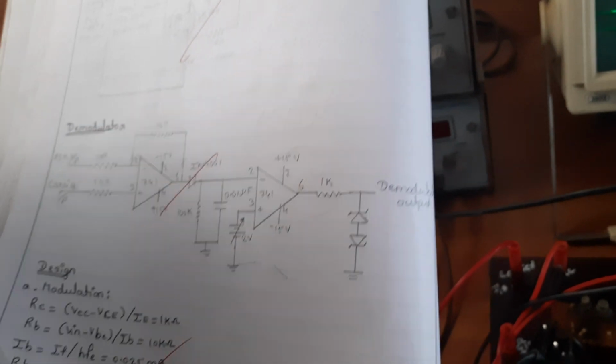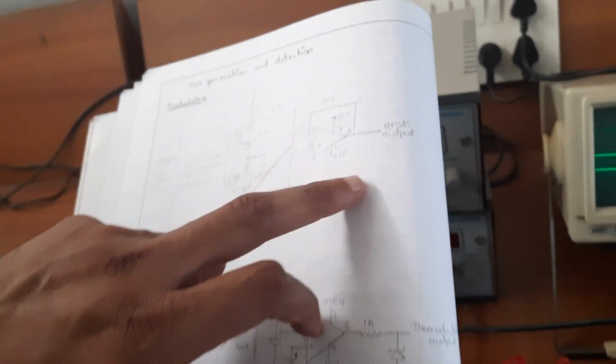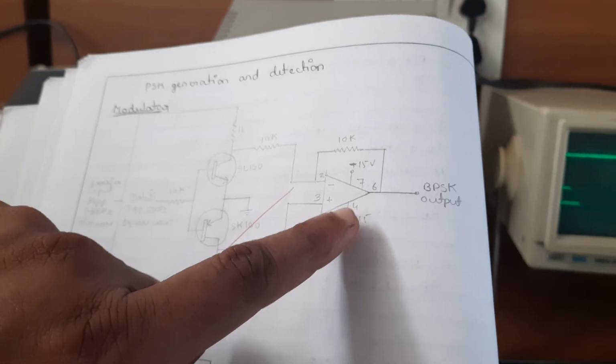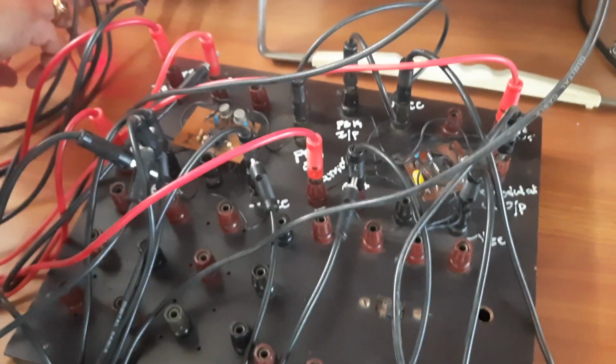As you already know how to connect the op-amp, plus VCC is given to pin number 7 and minus VCC is given to pin number 4. You have to adjust 12 volt here, with plus VCC and minus VCC, and make the connection as shown.